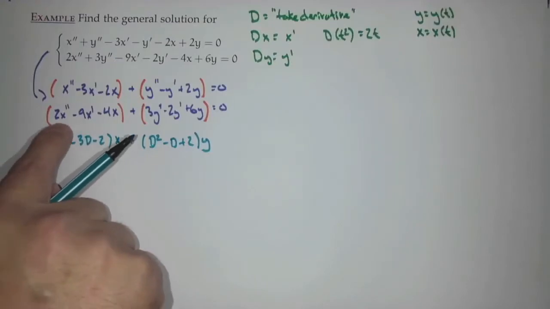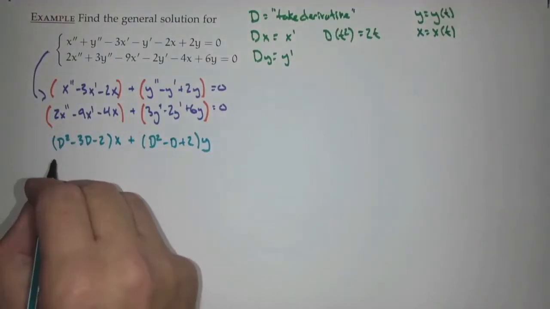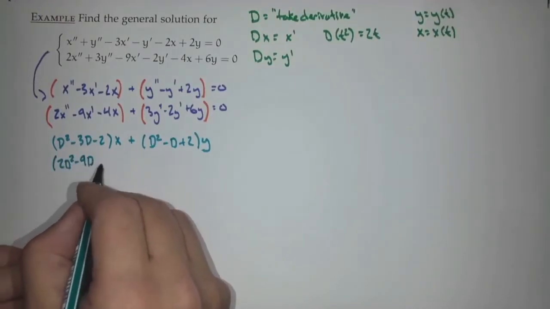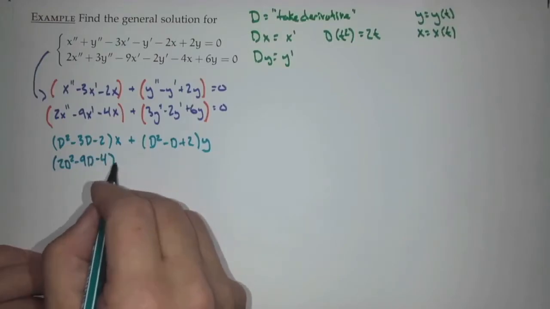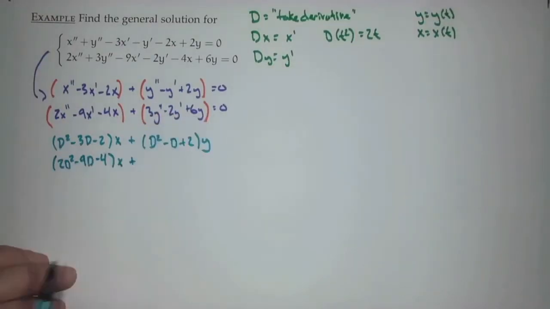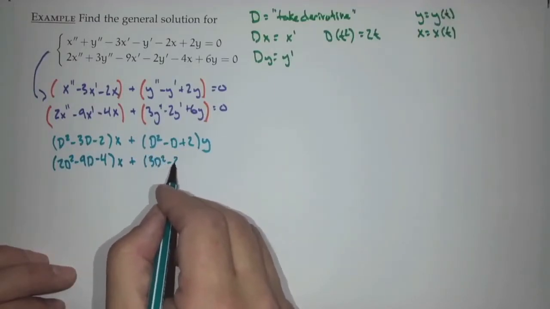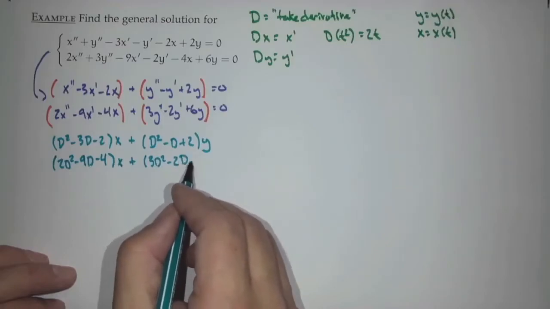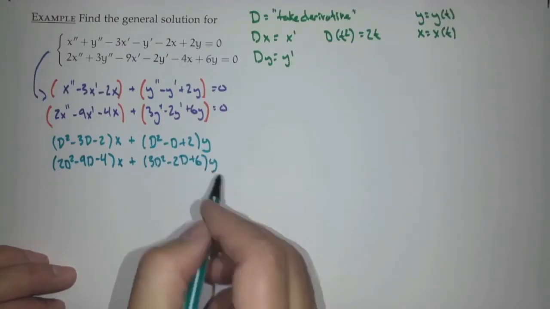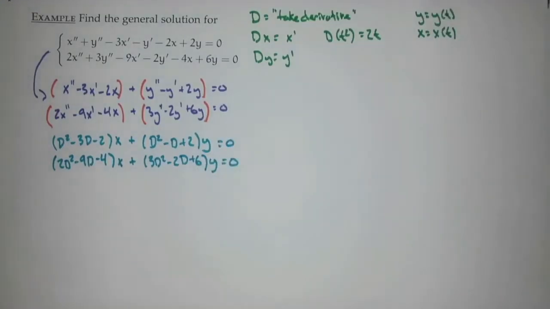Two to go. 2x double prime minus 9x prime minus 4x: 2D squared minus 9D minus 4 times x. Last one, 3y double prime minus 2y prime plus 6y: 3D squared minus 2D plus 6 times y. And I should write down equals 0, equals 0.